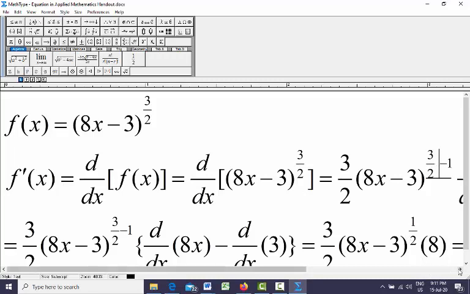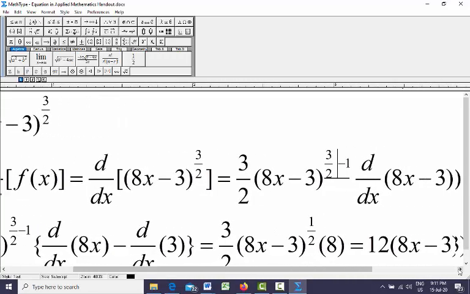Right. So after we process the power, up to this one is the differentiation of the power. We will bring the power first, and then from the power we will deduct 1. So this is for the power.